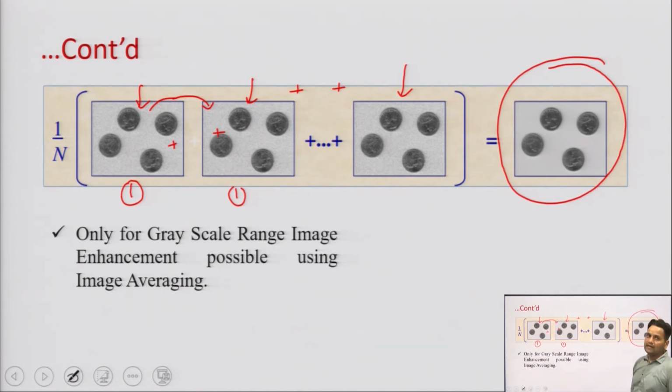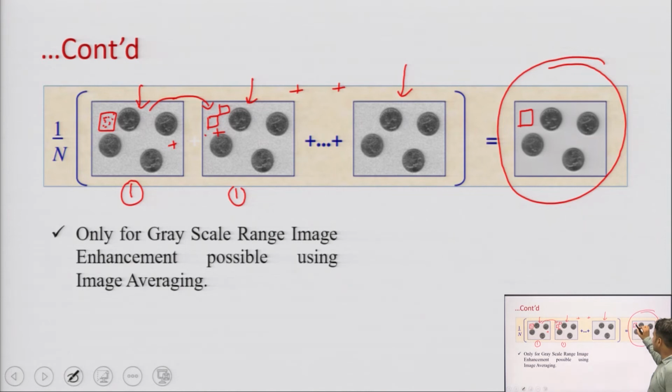Averaging, how can we nullify the noise? Most of the portion is not providing the actual value. If these pixels are giving some noise value and that pixel does not have that noise value, then they are removing that kind of thing. So that image gets enhanced here.